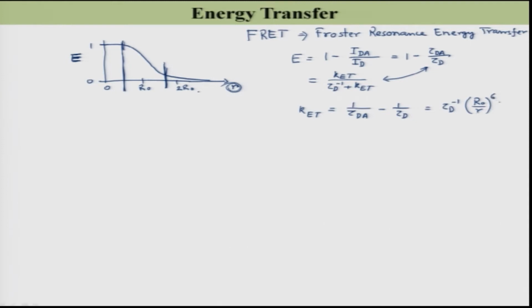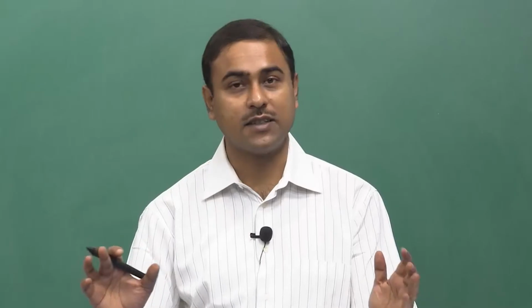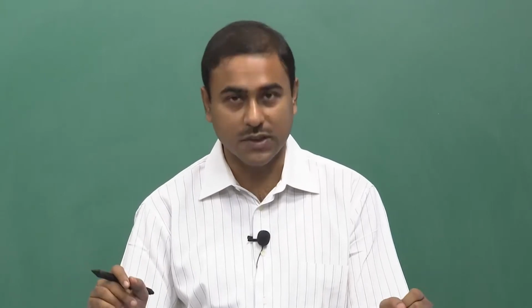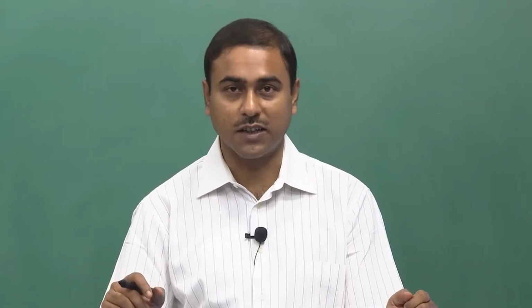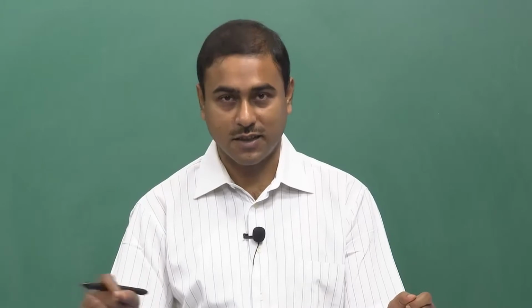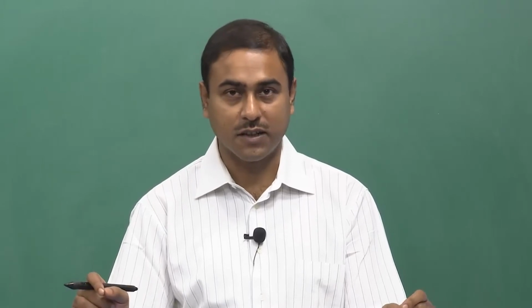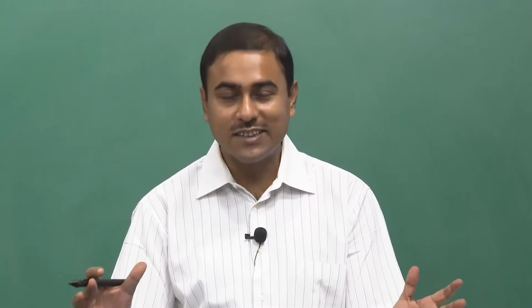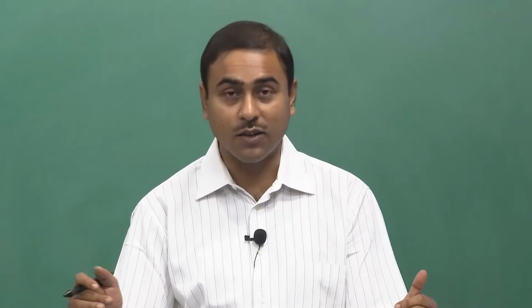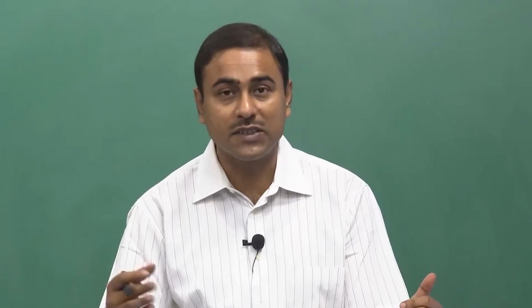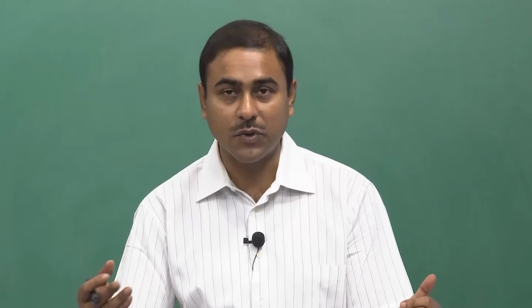From here you will be able to calculate this r, the distance between the donor and the acceptor. Now, having said all those things, this is a nice theory by Forster, but somebody has to prove that it really works, that once I change the distance between the donor and acceptor, the efficiency really changes that way, that is, in the order of r to the power 6, remember that r to the power 6.